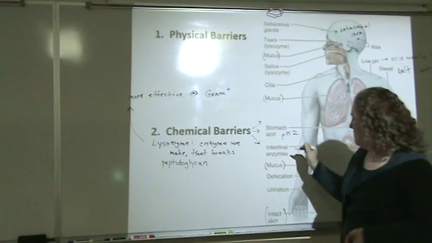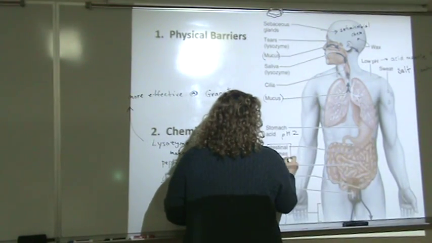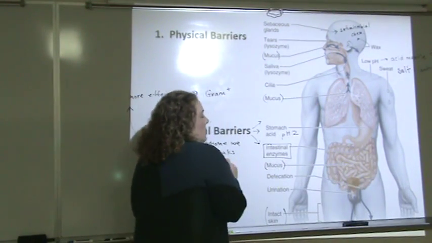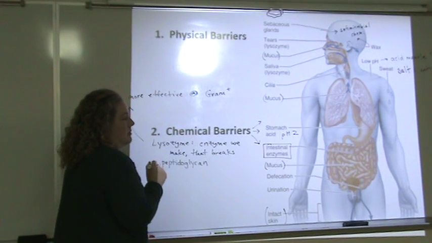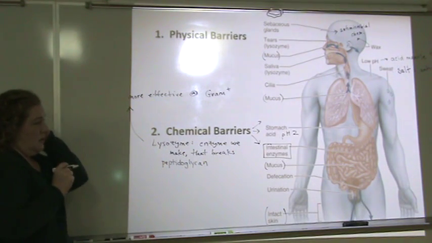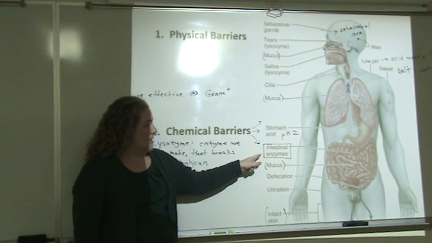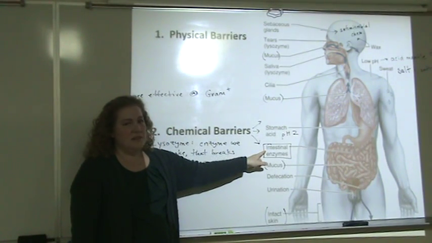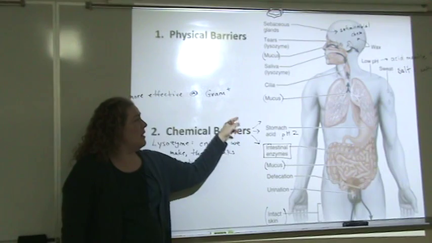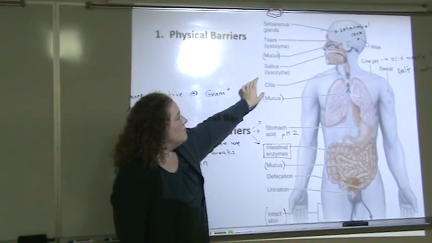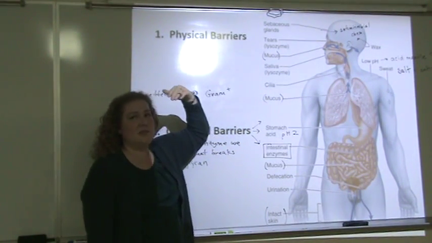The last chemical barrier that I want to discuss is enzymes. When you go to AMP2, if you're not already in it, we have 13 different enzymes, including ones that even start in your saliva.